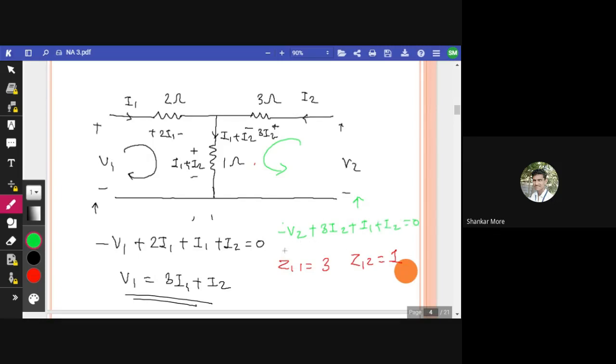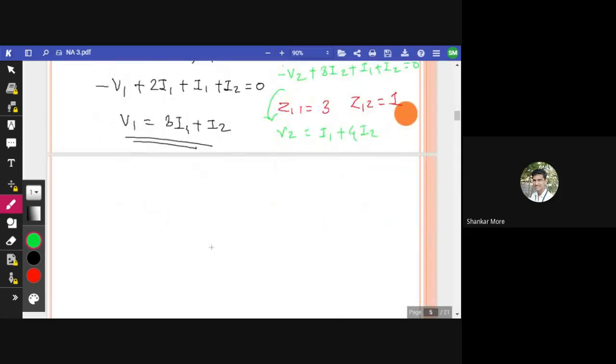Now V2 is equal to I1 plus 4I2. So we can say Z21 is equal to 1 and Z22 is equal to 4. So this is how we calculate Z parameters.